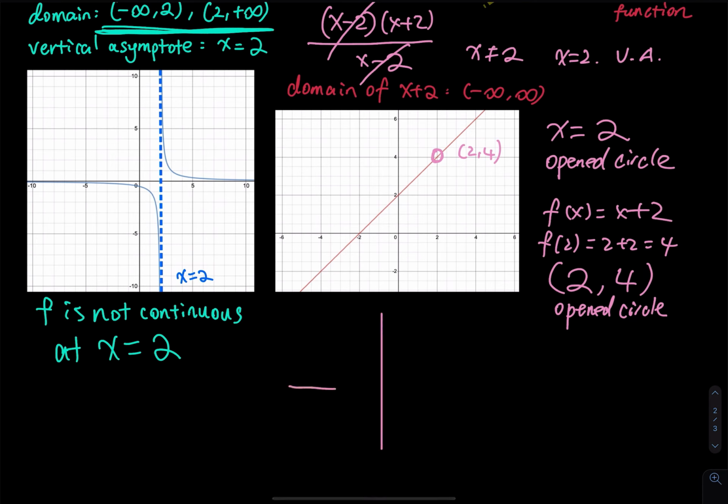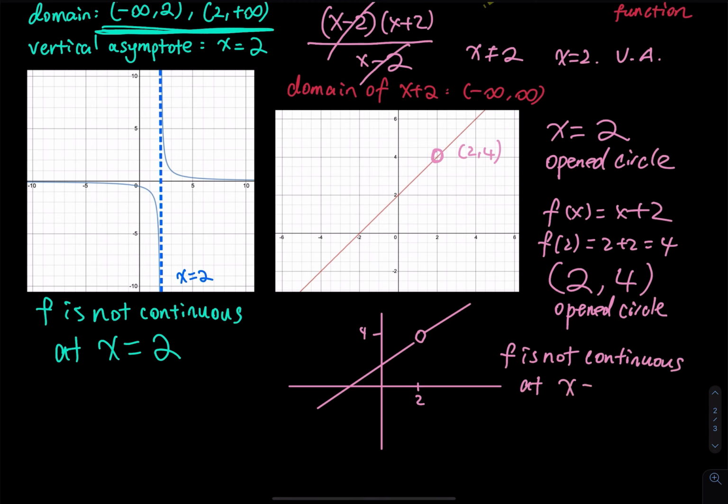You don't need any graphing paper. So when x is equal to 2, y is equal to 4, you have an open circle, and then you sketch the line. So one goes there, and then one goes there. How do you describe the continuity? We can say that f is not continuous at x equals 2.